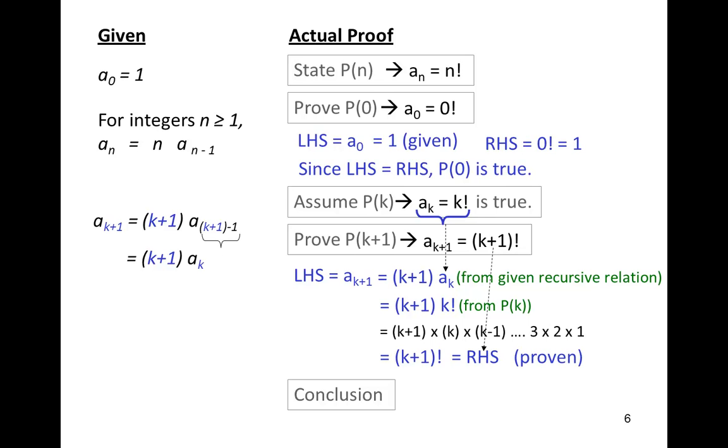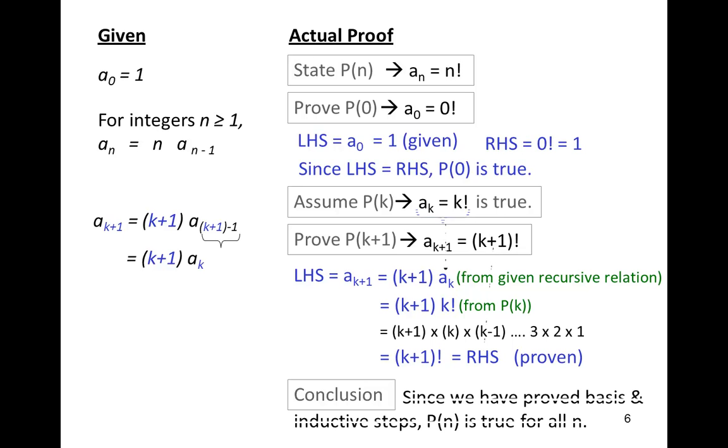Hence, we have proven that p of k plus 1 is true. Finally, we state the conclusion by saying that since we have proved the basis and the inductive steps, the property p of n is true for all n.